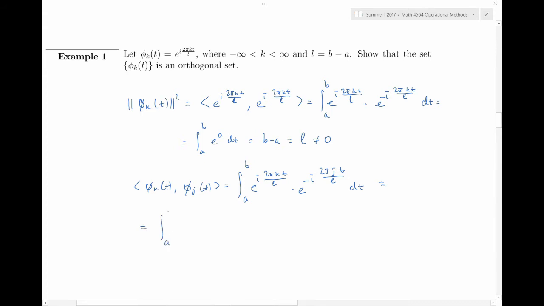So in essence, it's going to be the integral from a to b of e to the i 2 pi (k minus j) t over L dt. The antiderivative of this is L over i 2 pi (k minus j), and since k is not equal to j, this is not 0, times e to the i 2 pi (k minus j) t over L, evaluated from a to b.